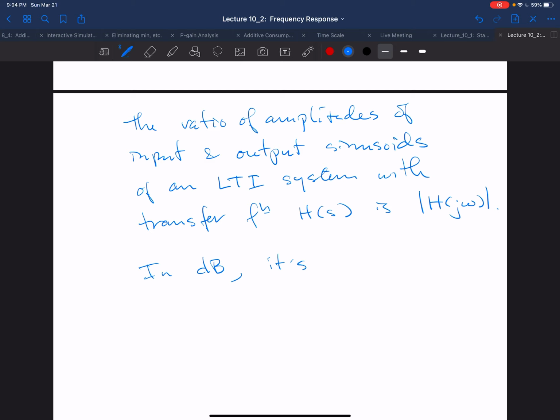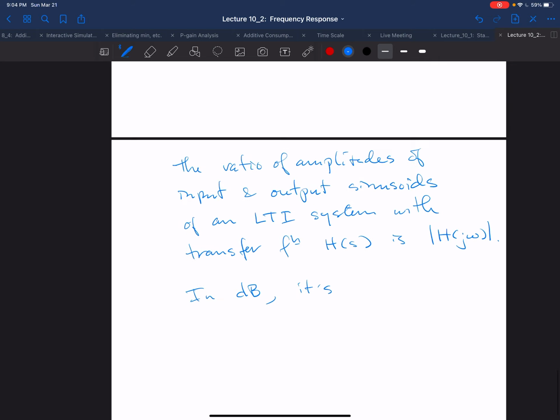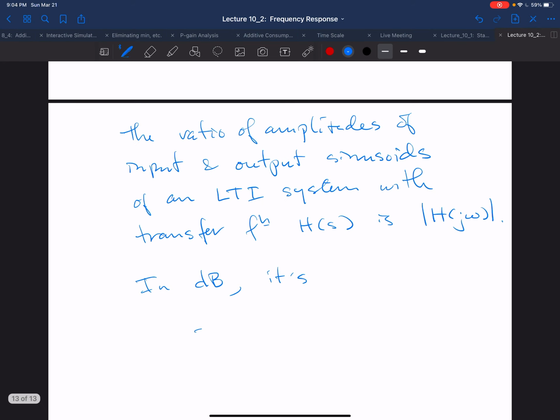So if we write this in decibels, since this is the ratio of the amplitudes, we need a factor of 2, and then we also have a factor of 10 because we're writing in decibels, so we get 20 log to the base 10 of the modulus of H(j omega). So this is actually what we'll plot as a function of the log of omega.